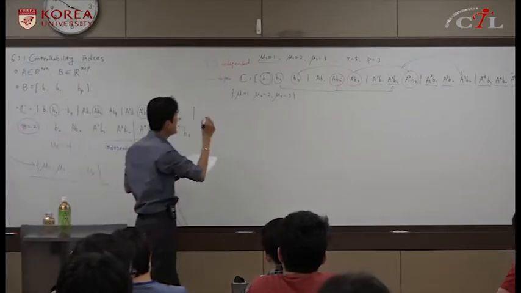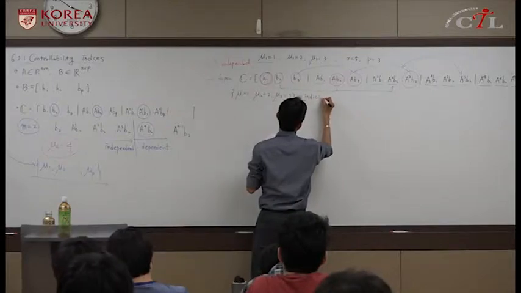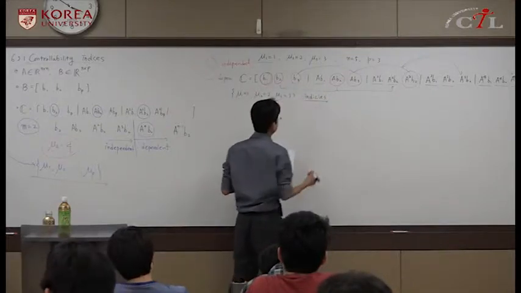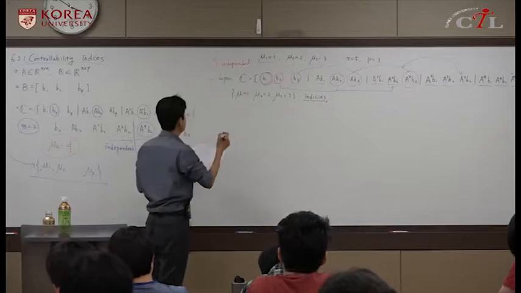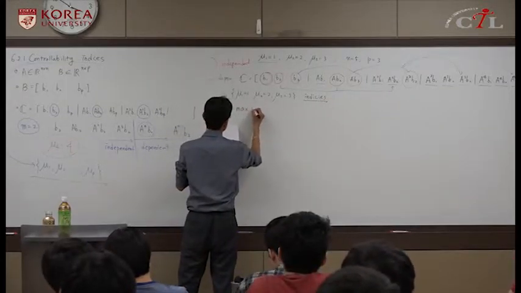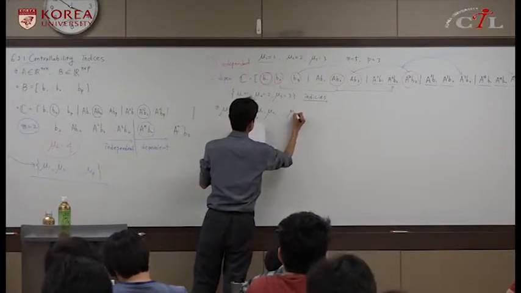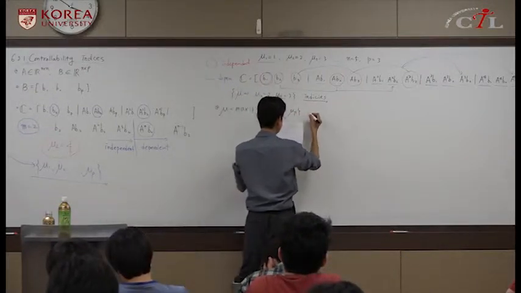And this is indices, plural. Let's select one of them as mu equal to max, the largest one. This is the controllability index.